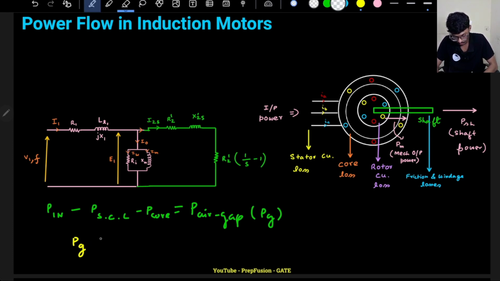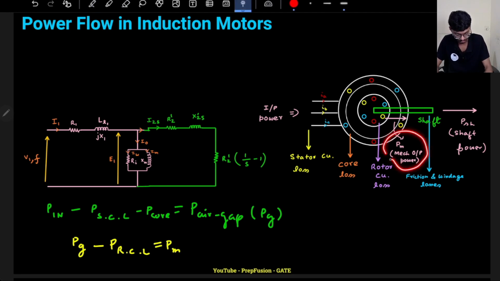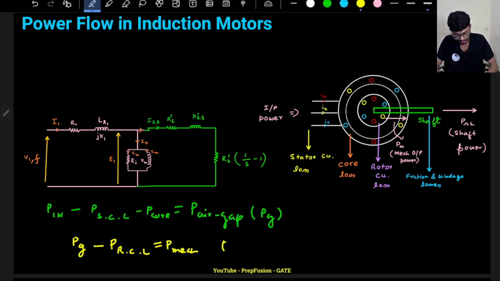Now from this air gap power I subtract the rotor copper losses, and this will be my mechanical output power, Pm, that is written over here, the mechanical output power. After this, the rotor tries to rotate, the shaft tries to rotate, and in the mechanical part as well there are a few losses, like friction and windage loss.